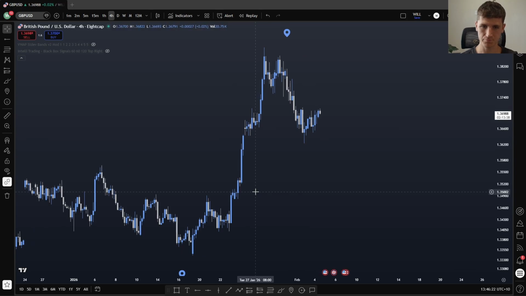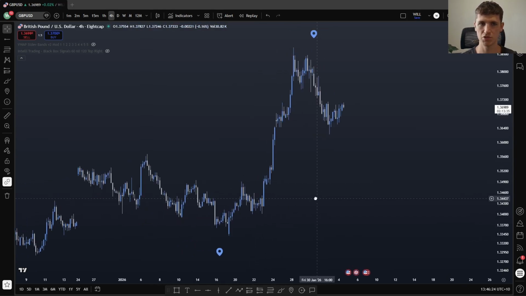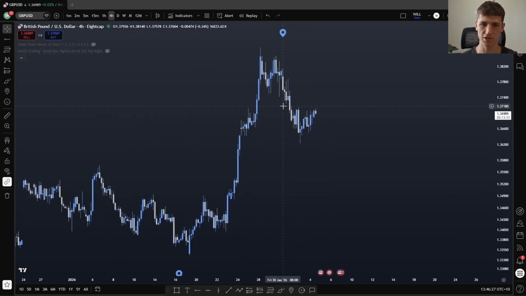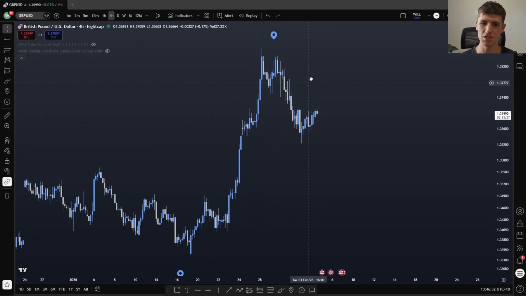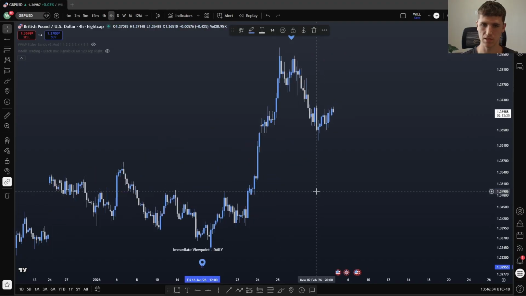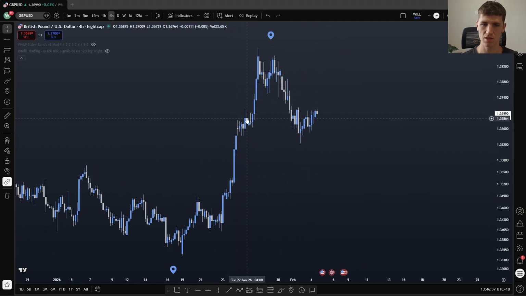So the 4 hour now. Sometimes you'll see that viewpoints are very similar to the previous viewpoint, or they could be the same. This one is a bit tricky because this isn't much of a key level or a structural point for me at all on the 4 hour time frame. This is more of a 15-minute or hourly higher low. So I don't really want to mark this as my 4 hour range, and I already have this marked out.